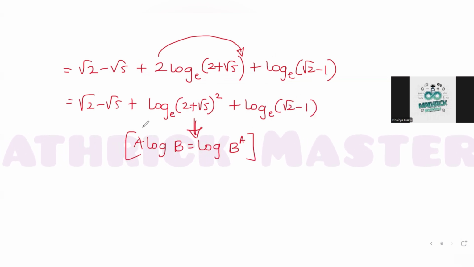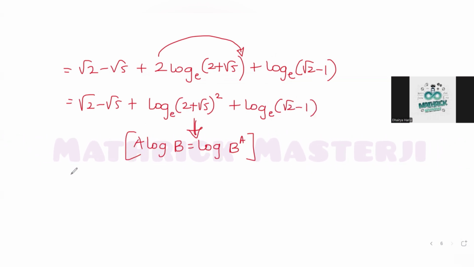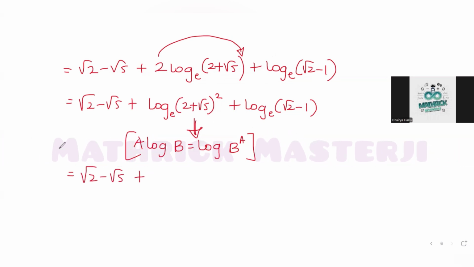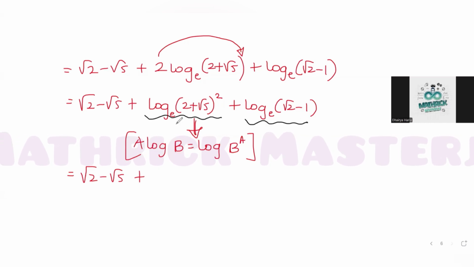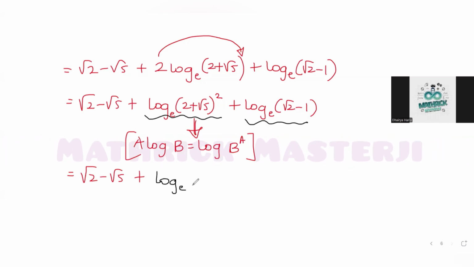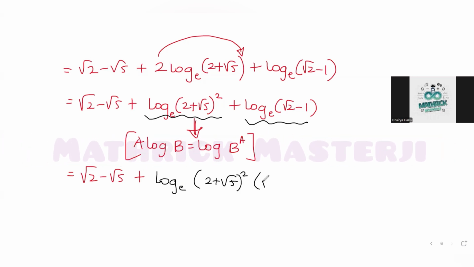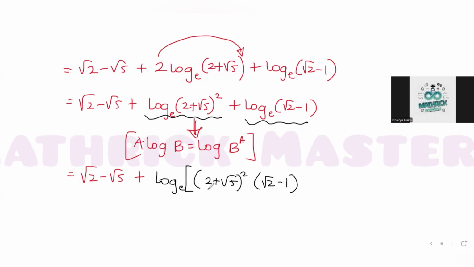Once I have this with me, what I can do further is I can just make it root 2 minus root 5 plus I can apply the idea of log a plus log b, which will basically become log of a times b. So I get 2 plus root 5 squared times root 2 minus 1.